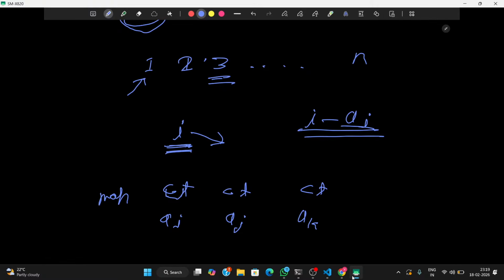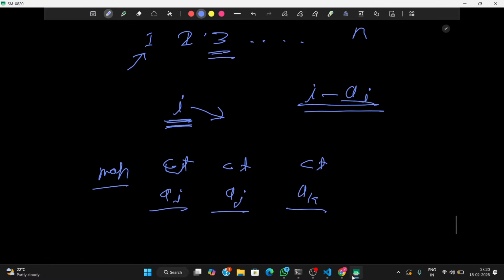So you have stored the number of times ai has occurred, the number of times aj has occurred, the number of times ak has occurred, in a map. Okay. So now what we can see is the map contains all of the vertices that can connect any element to itself or its component, you can say.